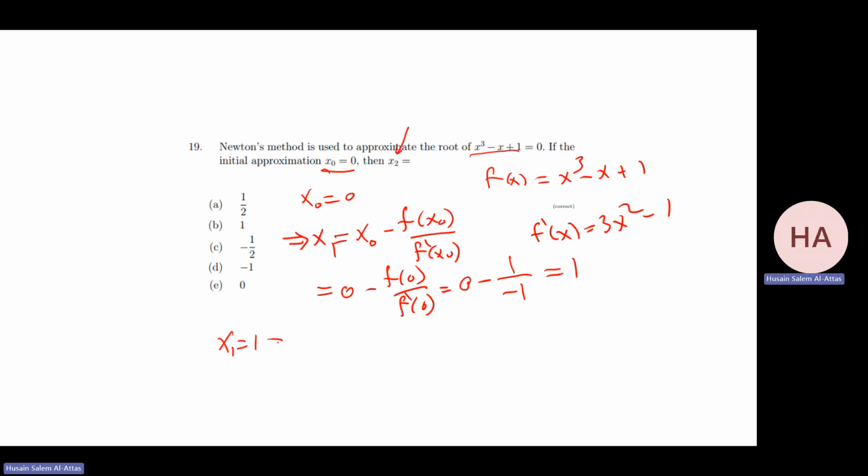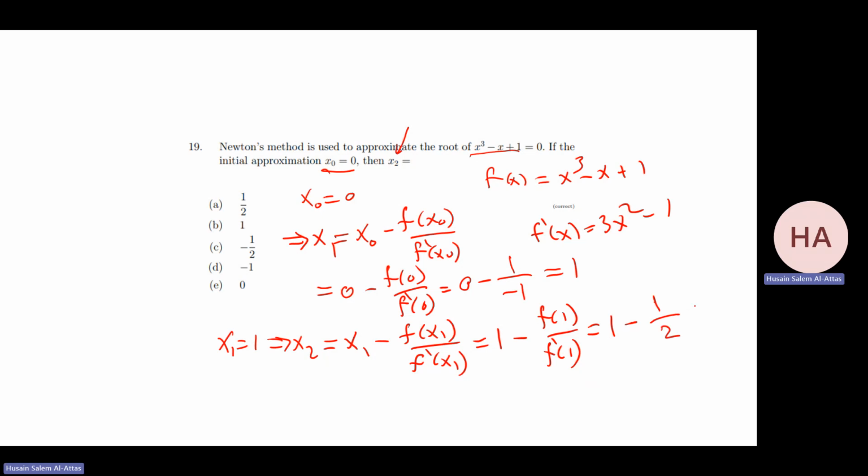So x1 equals 1. x2 will be x1 minus f of x1 over f prime at x1, which is 1 minus f of 1, 1 minus 1 plus 1, 1, over f prime at 1, 3 minus 1, which is 2. So that will be half. Just this one.